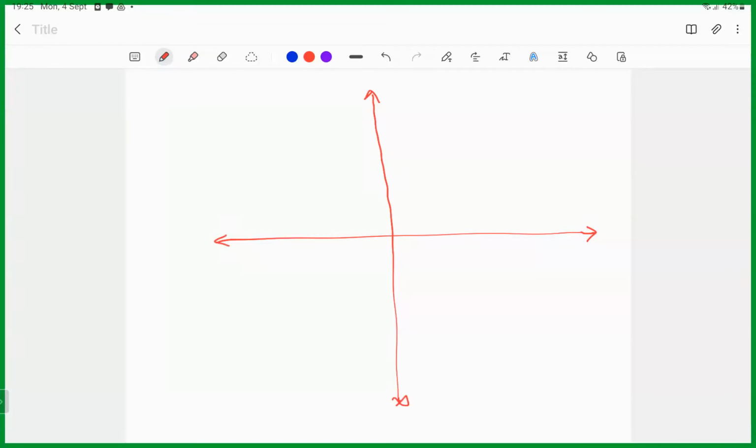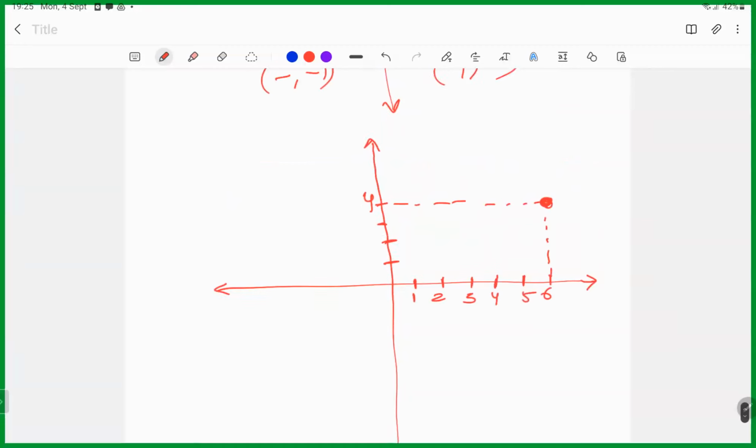One point is (6, 4). This is P. Another point is (-5, -3).